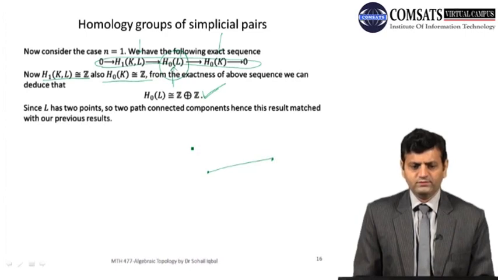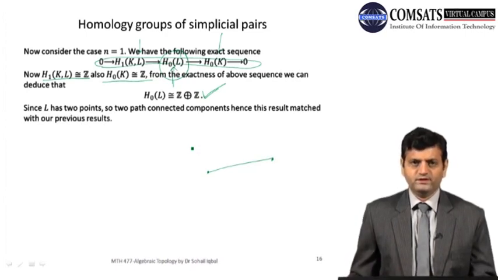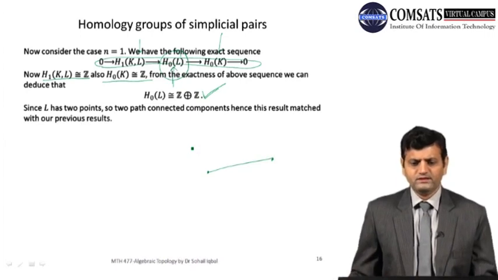For example, if we have a simplicial complex L which has two path connected components, then its H0 of L must be isomorphic to two copies of Z. This is a corollary of the results that we did in a lecture where we were calculating the H0 of connected components.